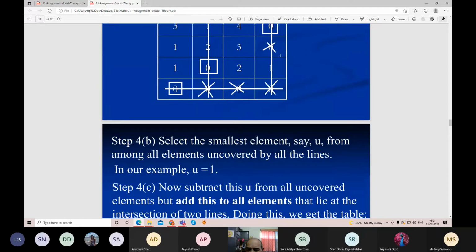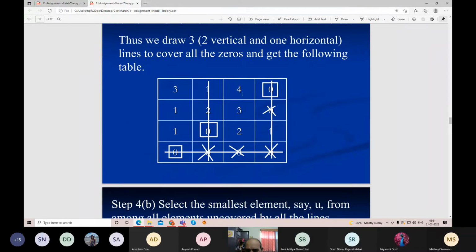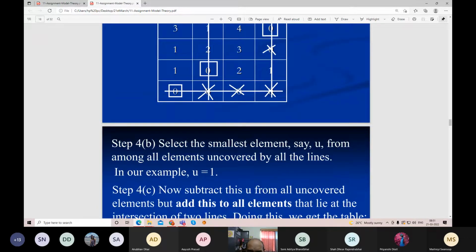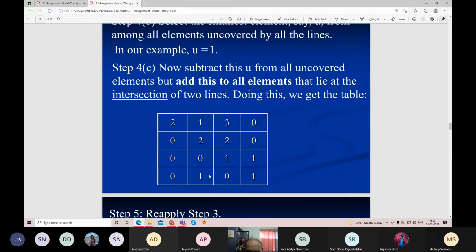And in the third column, 4, 3, 2, we are subtracting 1. So that is 3, 2, 1. And at the crossing of the horizontal and vertical lines, that was 0. We are adding 1. So at this juncture, 1, and here also 1. So this is the new matrix.